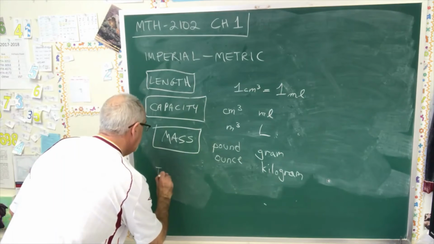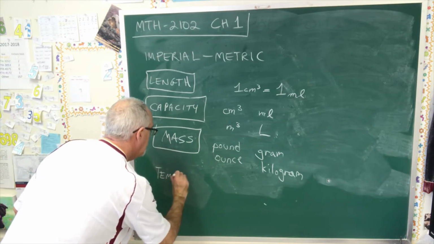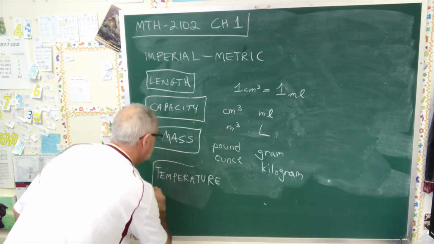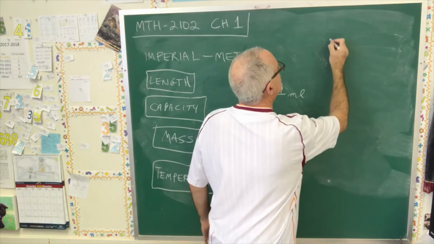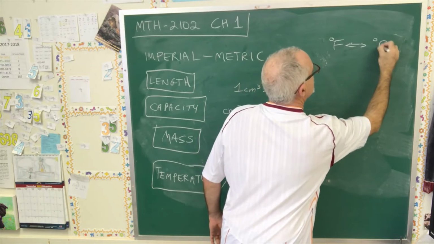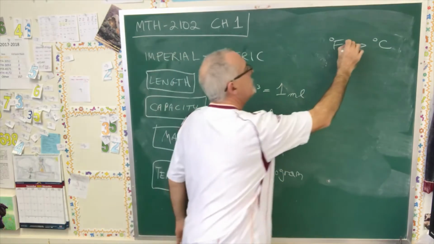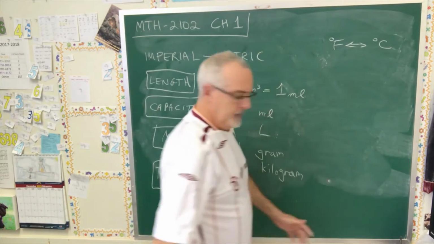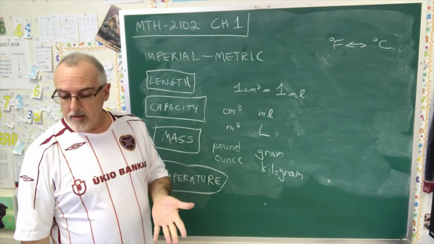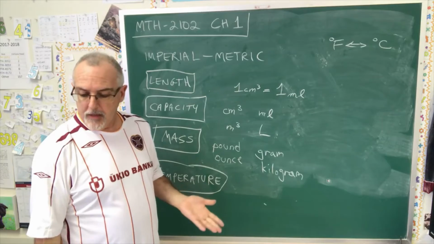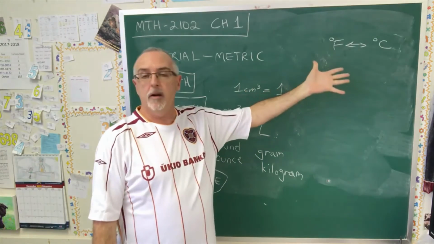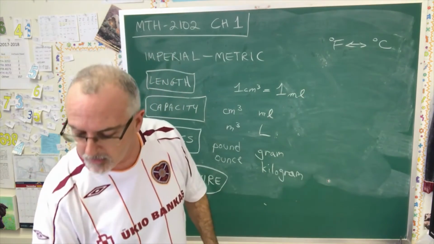Temperature. Degrees Fahrenheit and degrees Celsius, converting them back and forth. What is there to say about this? Well, one thing is that there is a linear relationship between the two, which means that you can solve a question where they give you Fahrenheit and ask you for Celsius, or the other way around, with a simple formula.